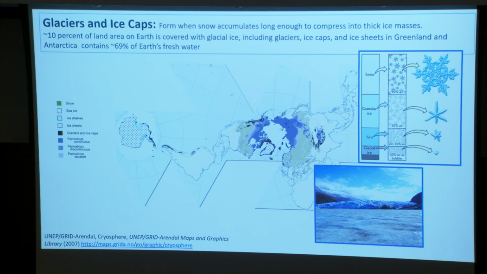The schematic on the right shows what happens when snow falls onto the surface of that ice sheet, right? So you start with these nice sized crystals at the beginning. As more and more crystals land and snow compresses, you transition into granular ice, firn, and then the final glacial ice.